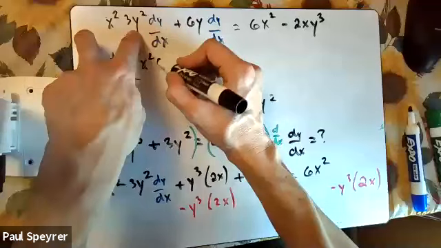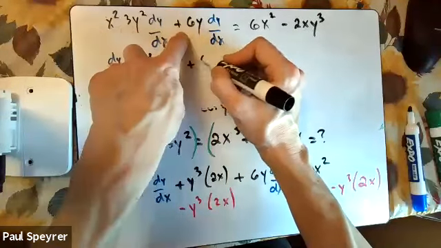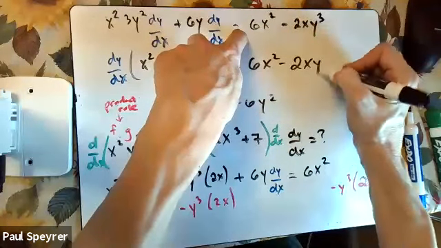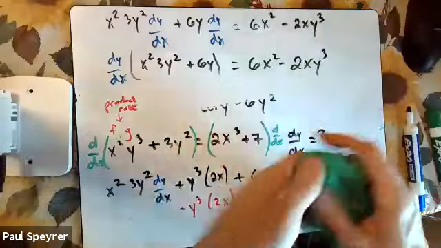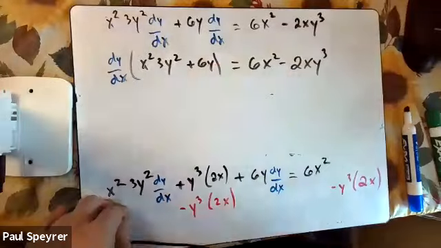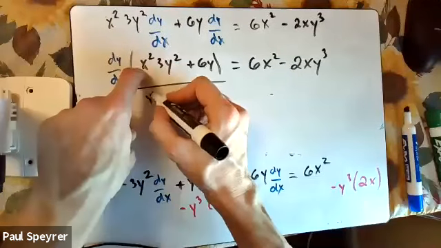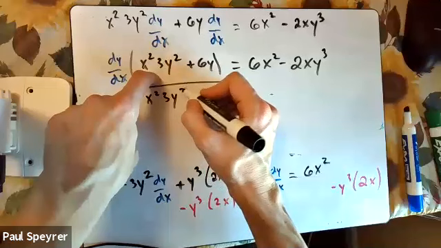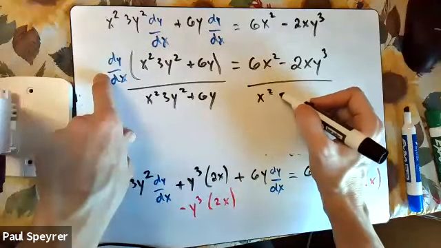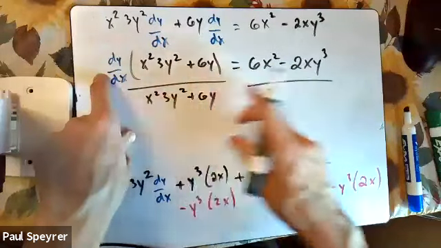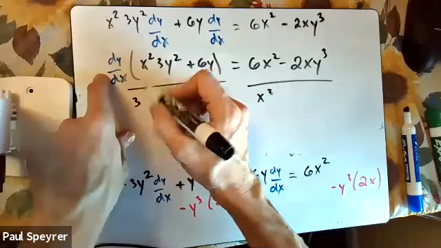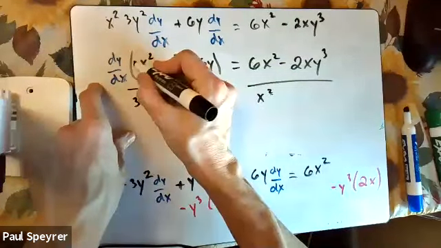x squared 3y squared plus 6y, and that's equal to 6x squared minus 2x y cubed. And the last step is to divide by this component, because again, we're looking for dy/dx. What I should do is put this 3 out in the front. This should be 3x squared.